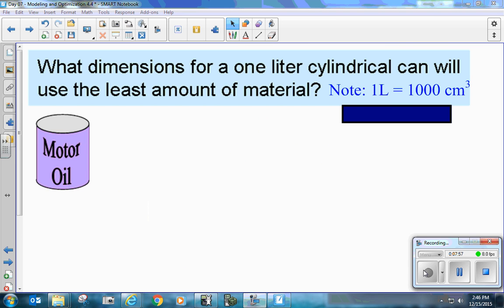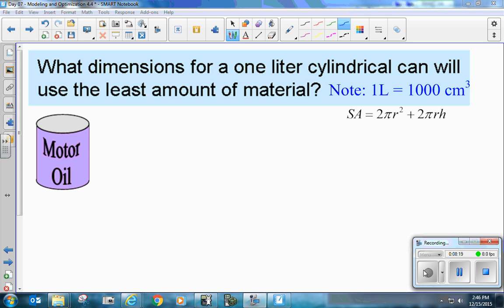What dimensions for a 1 liter cylindrical can will use the least amount of material? Now, when I'm thinking the material for this can, I'm thinking surface area. And in case you forgot, surface area of a cylinder is 2 pi r squared plus 2 pi r h.